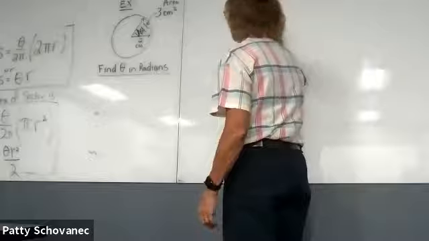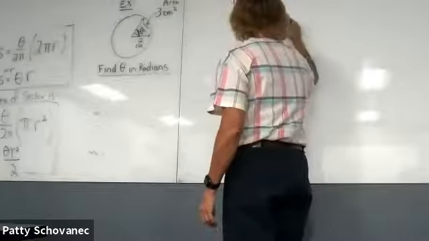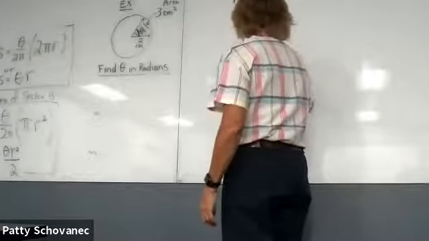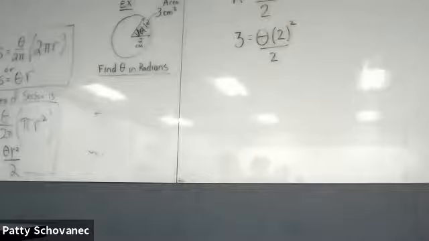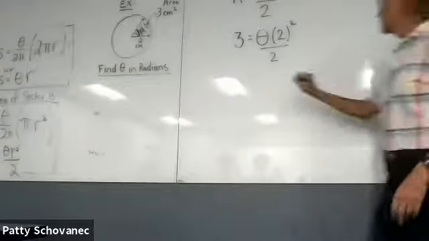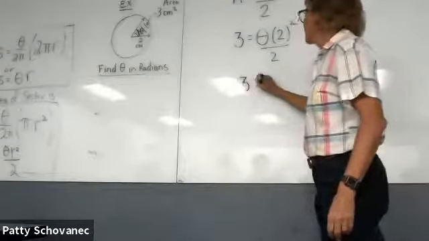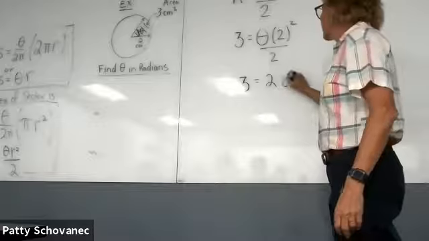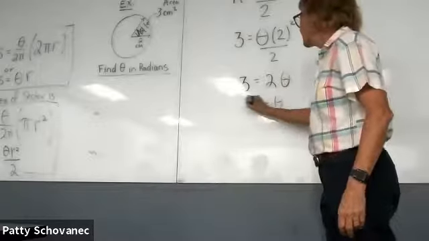Theta we don't know. R is 2. We're solving this equation for theta. So 3 is equal to 4 theta over 2, which says 3 is equal to 2 theta. So theta is 3/2 radians.